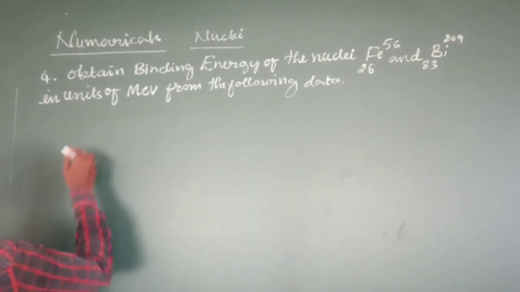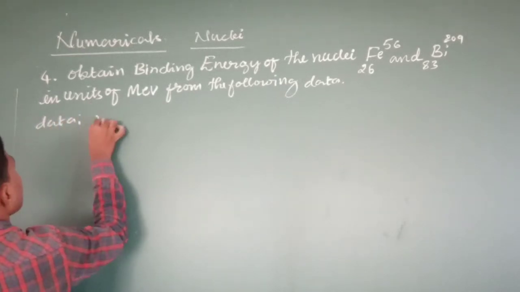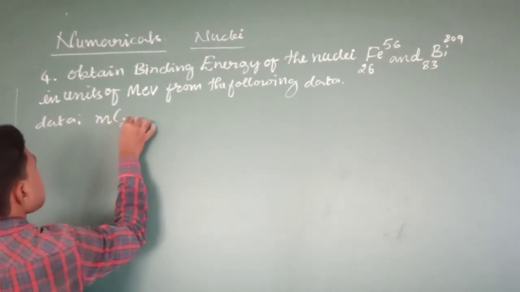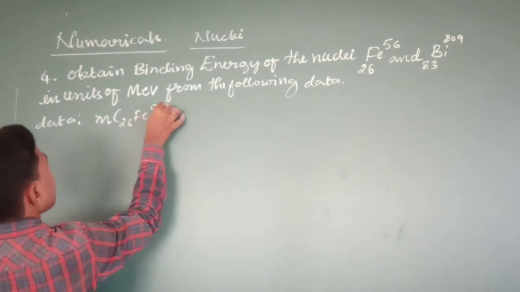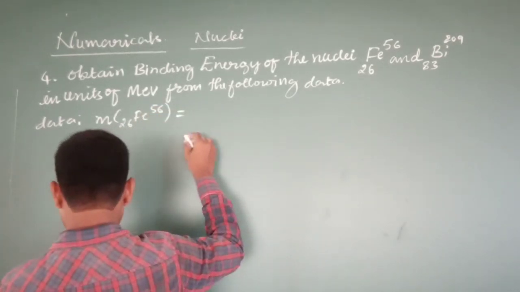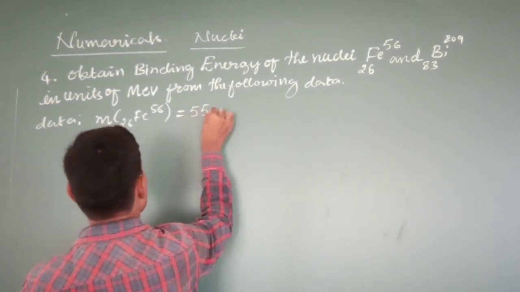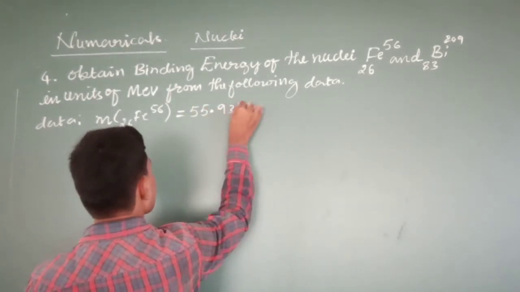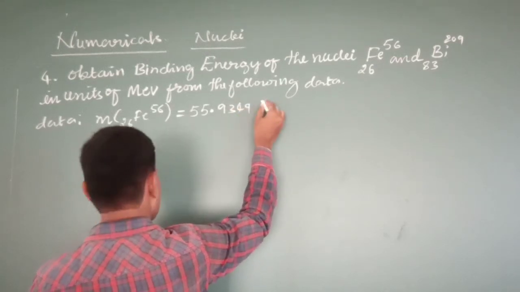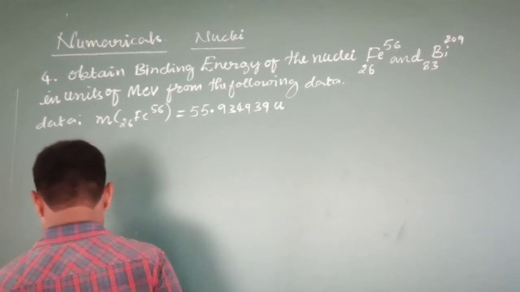The data given here: mass of Fe-26-56 is 55.934939 AMU, or U, atomic mass unit.